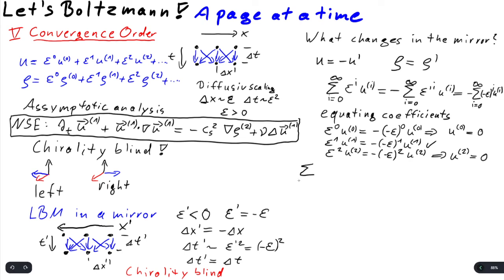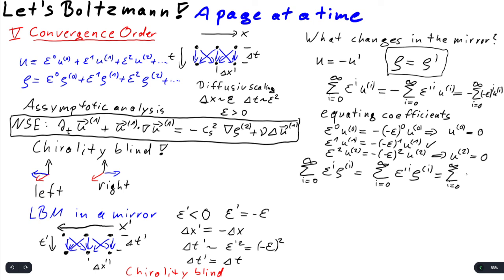So if we expand the density, we have the sum from I equal to 0 to infinity of rho without dash, epsilon to the power of I, rho of the order I, and this is, according to the equation that we have here, equal to the sum from I equal to 0 to infinity of epsilon dash to the power of I, rho I, and this is again the same as the sum from I equal to 0 to infinity of minus epsilon to the power of I, rho of the order I.